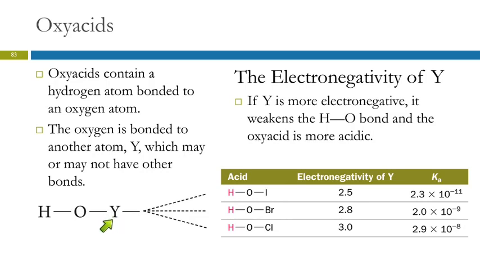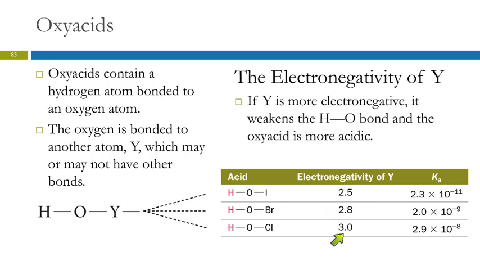If element Y here is more electronegative, it's going to pull electron density away from the oxygen and the hydrogen, and it's going to weaken that bond. If this bond is weak, it's a stronger acid. So we look here, this would be hypoiodous acid, hypobromous acid, and hypochlorous acid.